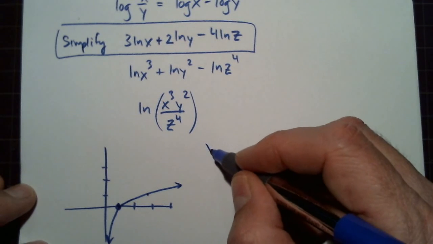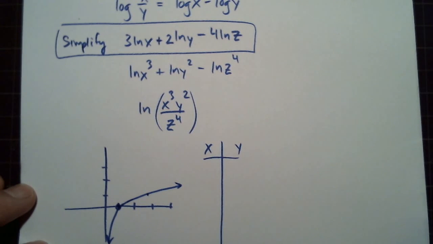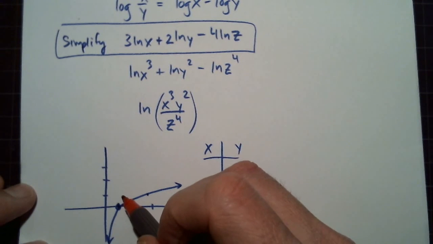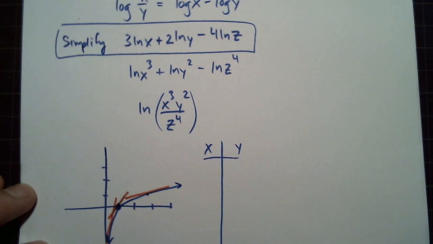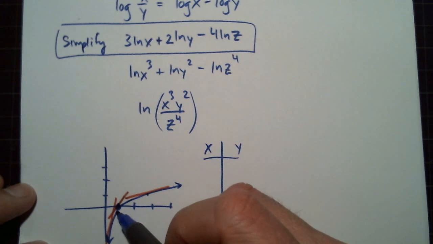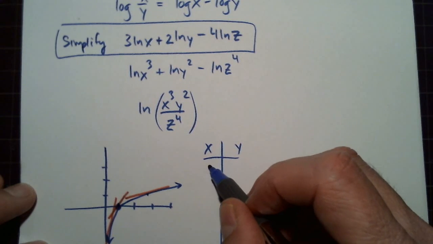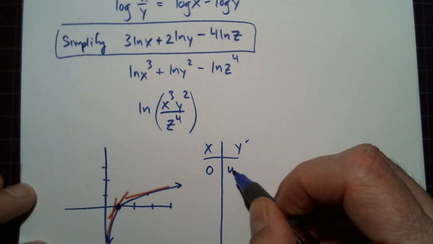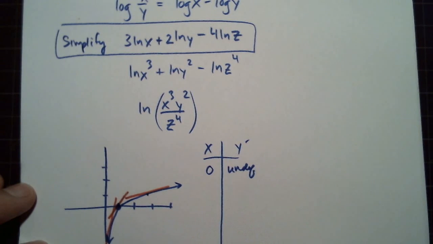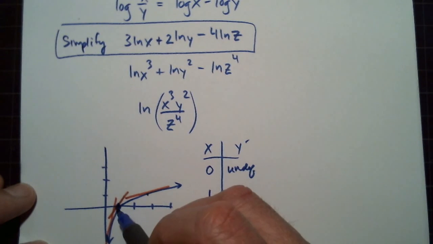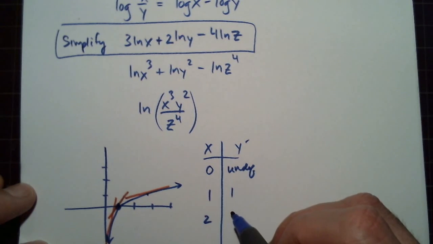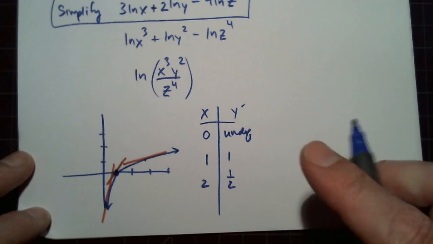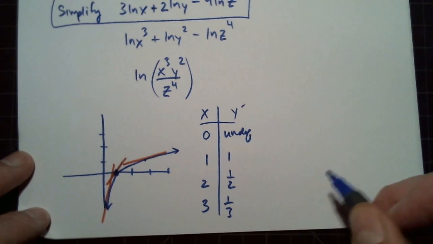If we just sketched tangent lines and estimated their slope, so we sketch a tangent line and estimate its slope, sketch a tangent line here, sketch a tangent line there, we can see that the slopes are decreasing, and at 0, the slope is undefined. The function is undefined at 0. And at 1, it looks like the slope is 1. As we move over at 2, maybe we have a slope of 1/2. We do have a slope of 1/2, but we'd have to estimate it if we're doing it this way.